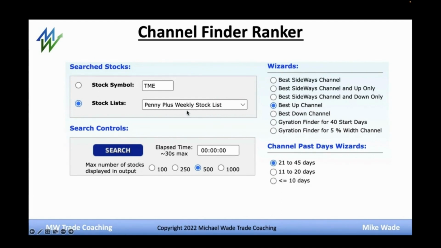Now, what I want you to also do is consider using this list here, the Penny Plus Weekly. The reason is that those options have tighter slippage. Typically, the stock prices are elevated. They're not $1.50, $3 stocks. They're higher price stocks, which we certainly need if we're bearish.